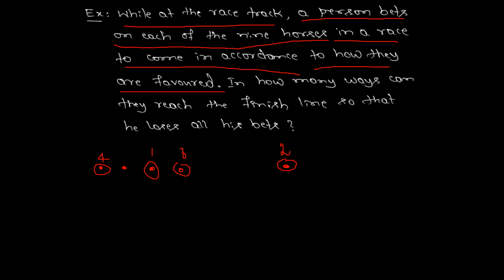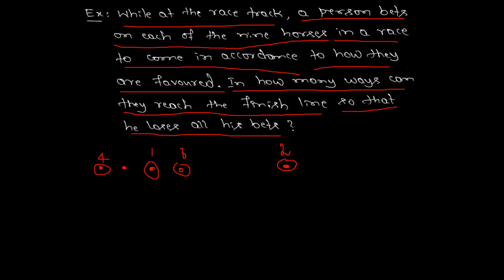Now what is the question? In how many ways can they reach the finish line so that he loses all his bets? When he loses all his bets, when no horse is going to satisfy his bet, that means no horse is going to come in its original place.